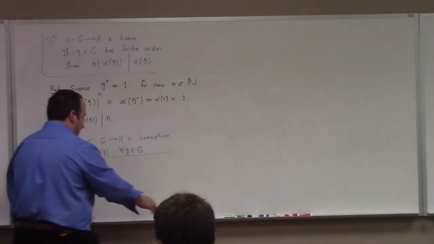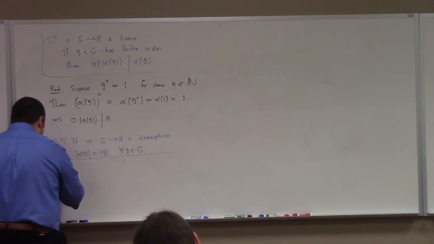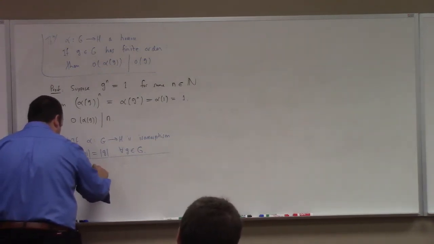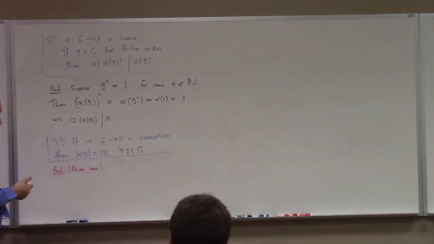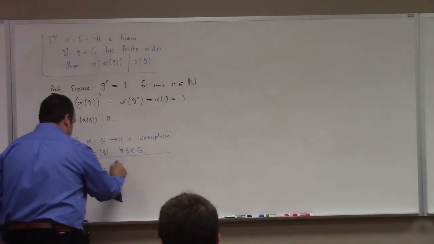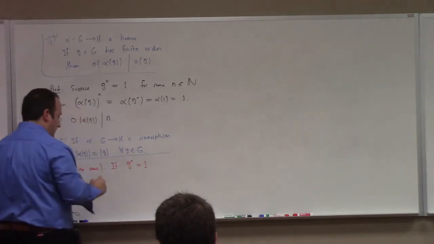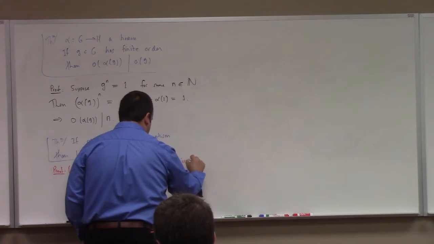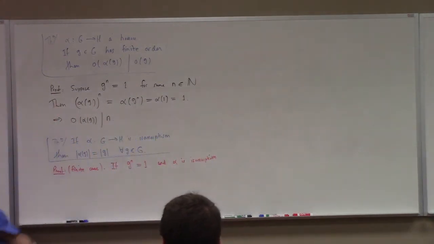Let's look at the proof in the finite case. If we have g to the n is equal to 1, and alpha is an isomorphism, let's just suppose alpha is an isomorphism as advertised.